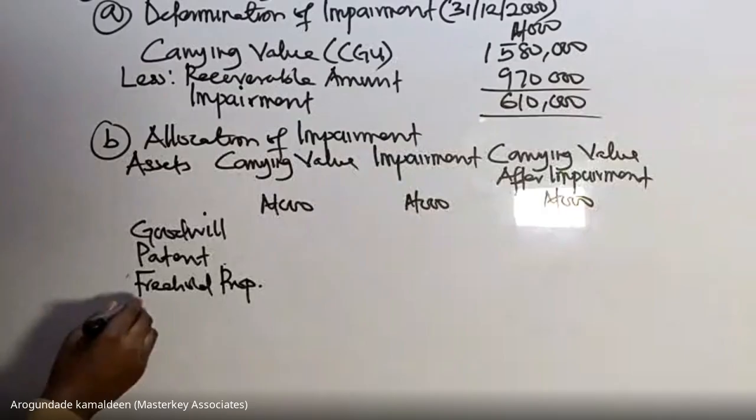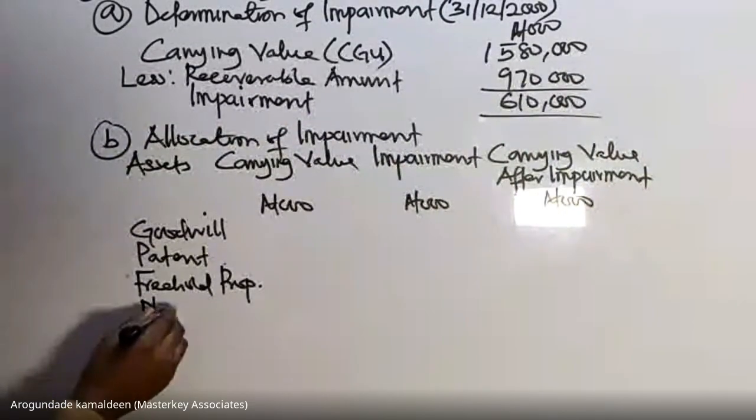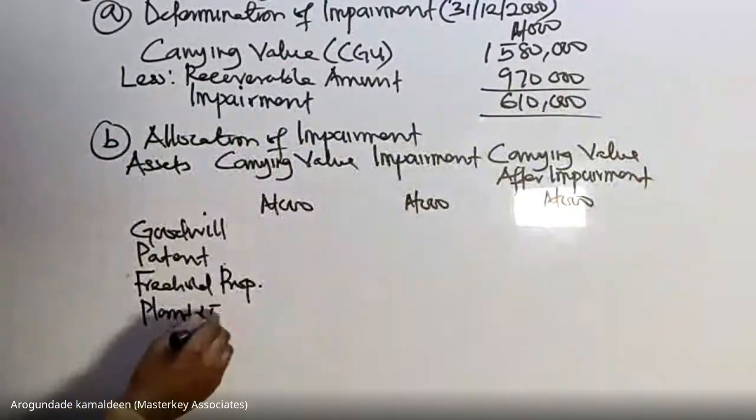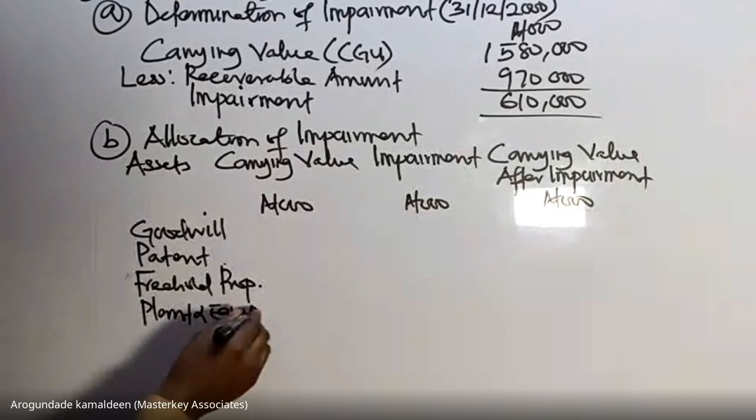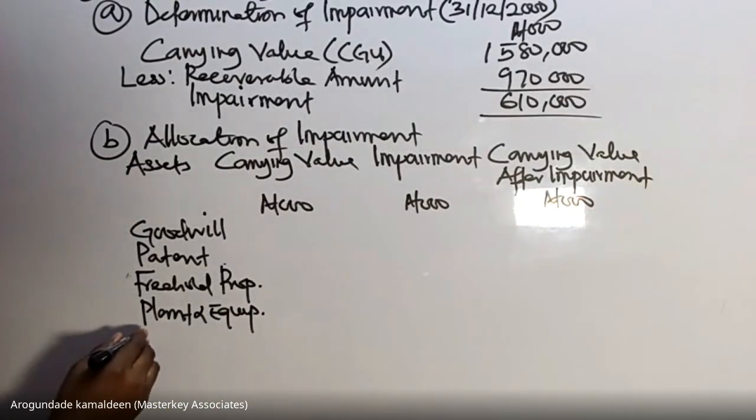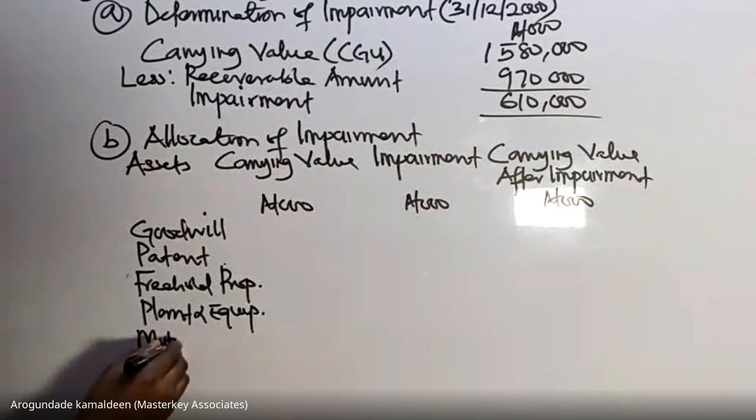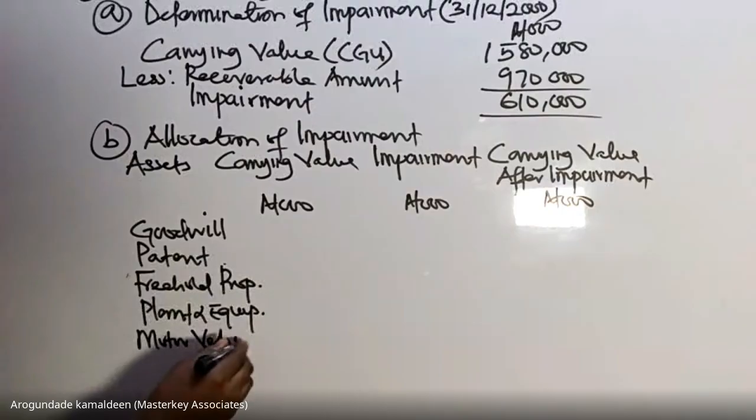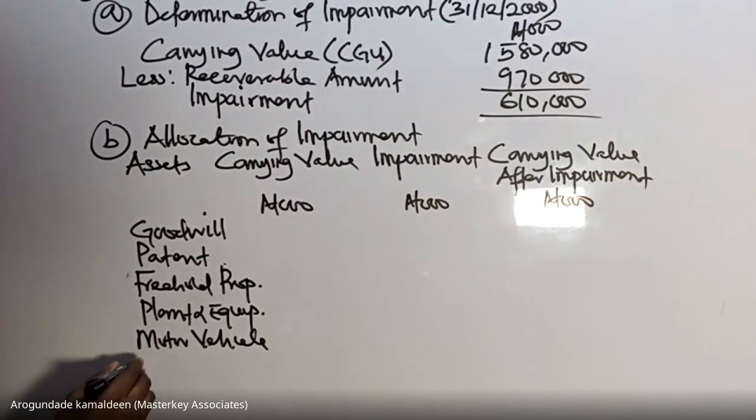Here we have plant and equipment. You have motor vehicle. Then you have net monetary asset.